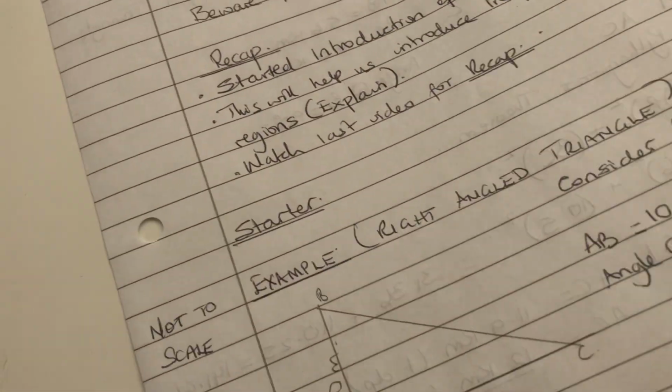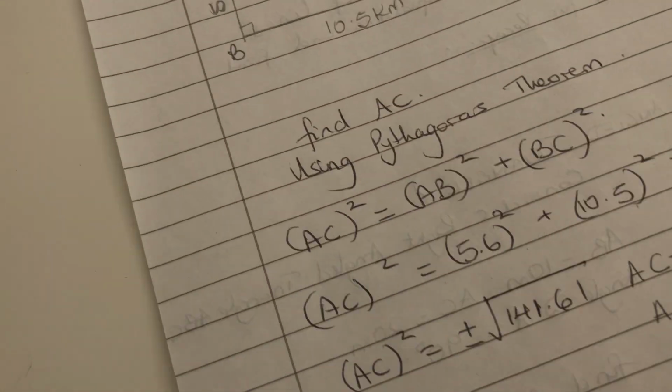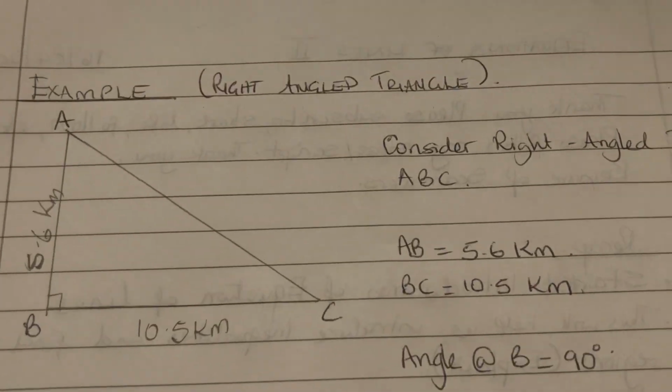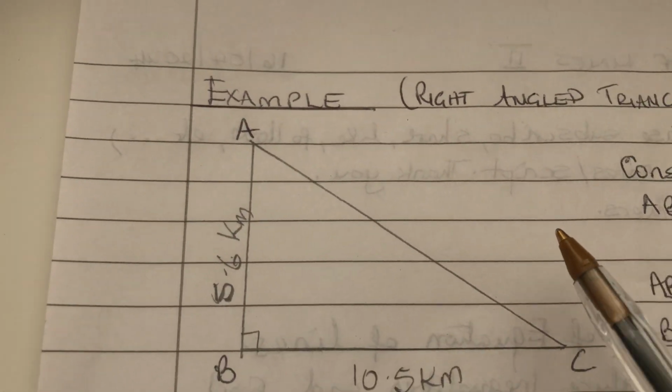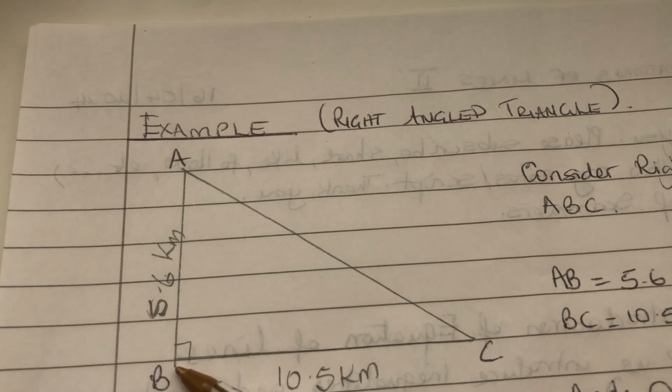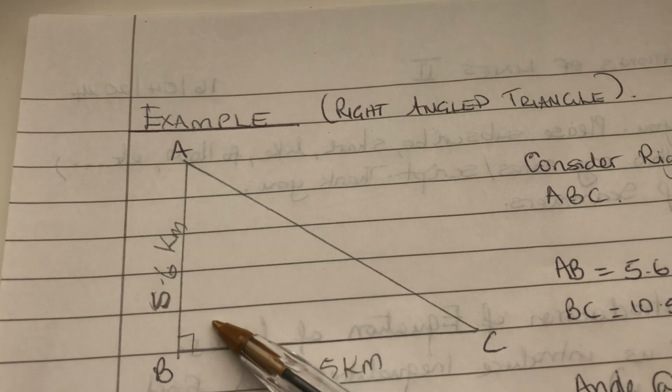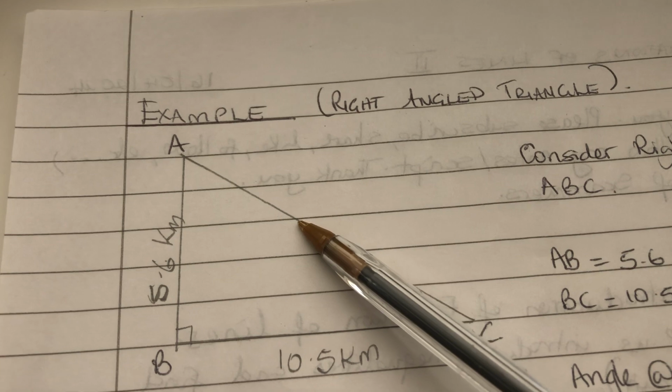Now, the second structure is also a right angle triangle. Okay, here again we have ABC. The 90 degrees is always opposite the hypotenuse.